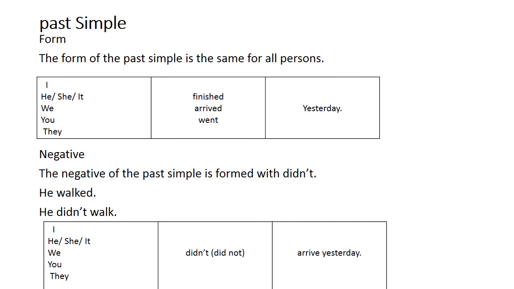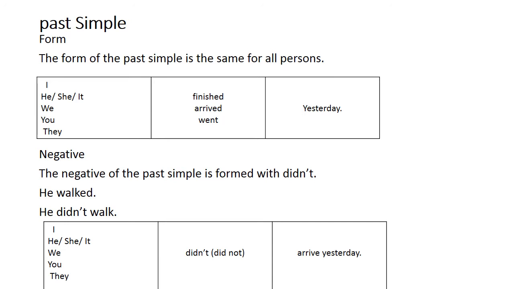Past simple form. The form of the past simple is the same for all persons, which is subject I, he, she, it, we, you, they, plus verb in the past, like finished, arrived, went, and in the end complete the sentence with the time in the past.